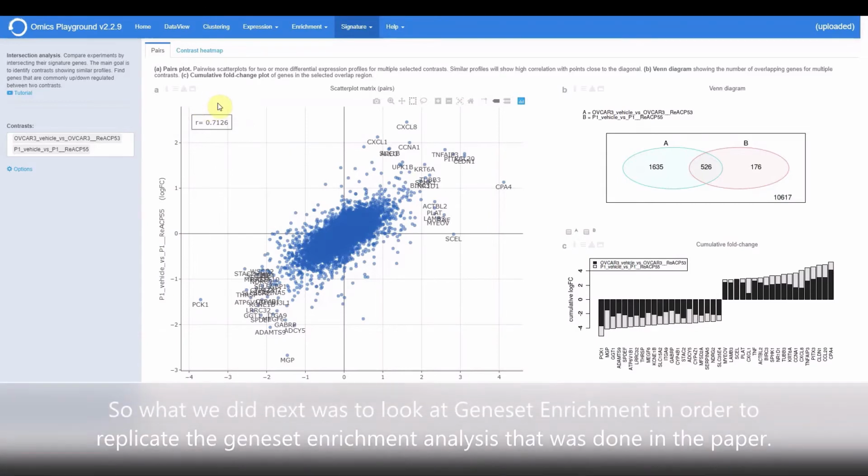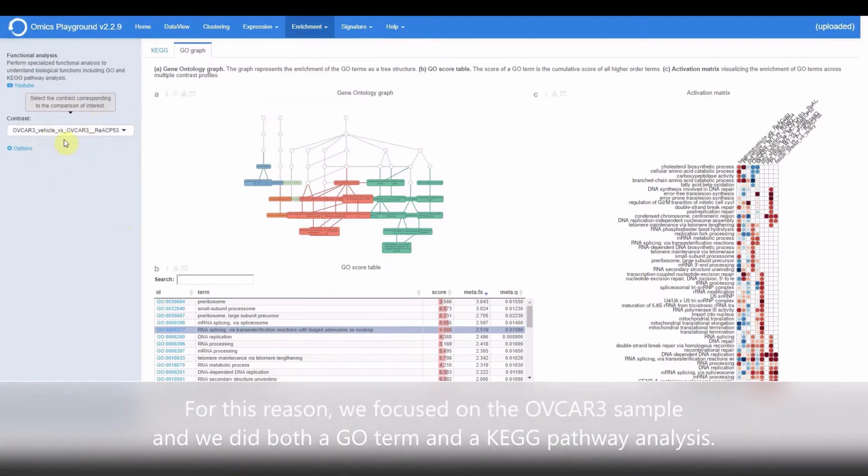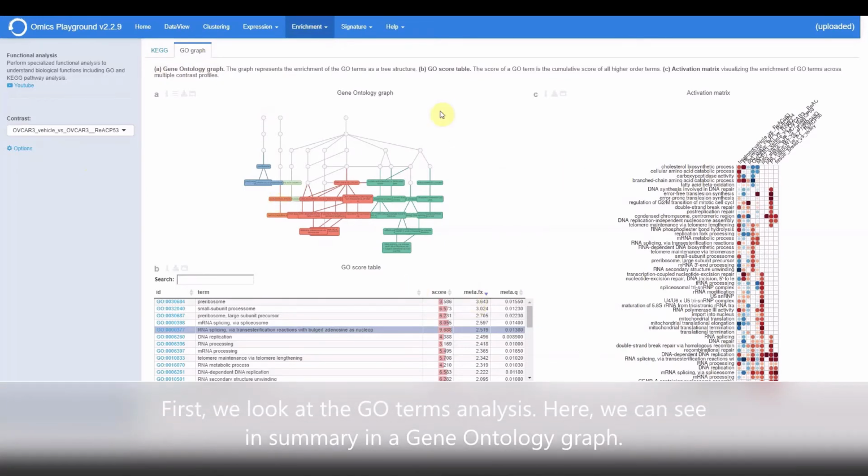So what we did next was to look at gene set enrichment, to replicate the gene set enrichment analysis that was done in the paper. For these reasons, we focused on the OVCAR3 sample, and we did both a GO term and a KEGG pathway analysis. We first of all look at the GO terms analysis.